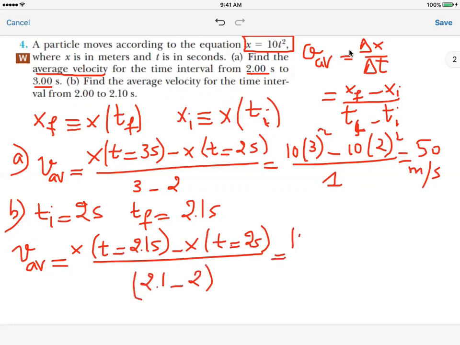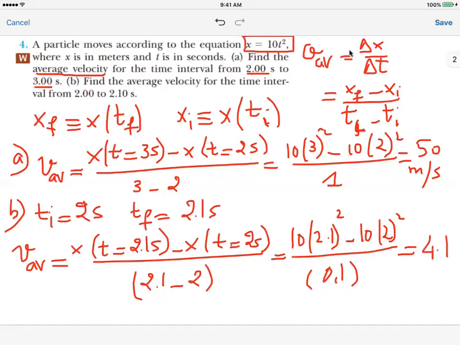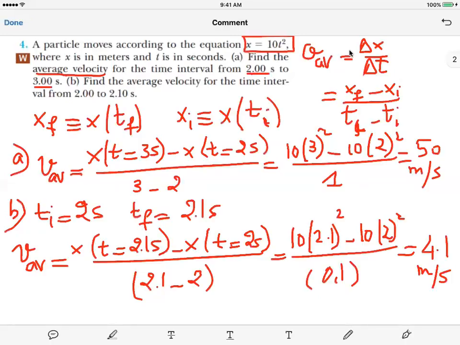So we can write it as 10 times 2.1 squared minus 10 times 2 squared, divided by 0.1, which is the difference between 2.1 and 2. And we end up with the result 41 meters per second. So this is the first exercise. We end up with the results for v average in both cases.